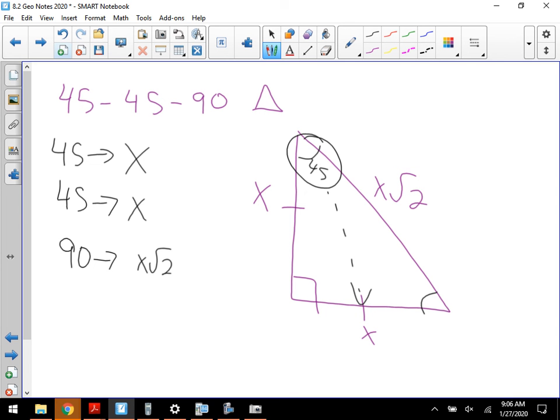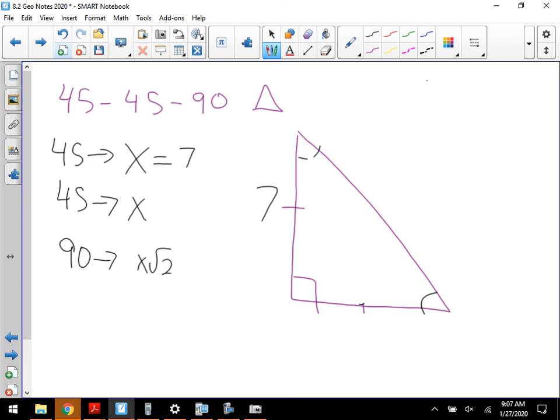For example, if I have a picture, let's reuse this one, and I know this is 7. Is that opposite of 45 or opposite of 90? 45. So I know that across from one of the 45-degree angles is 7, so that means the x value has to equal 7.